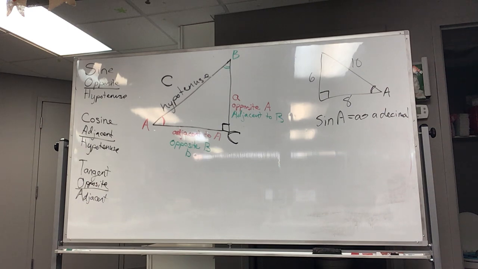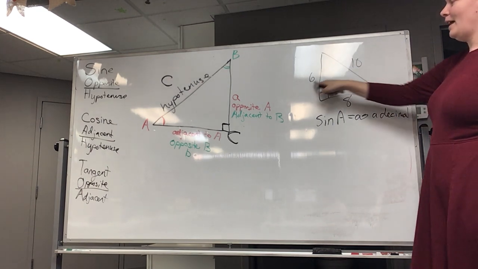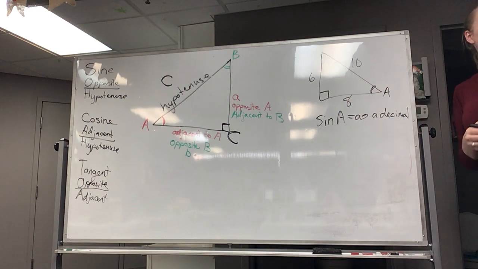What do you get? 0.6. It is literally 6 over 10, 0.6.